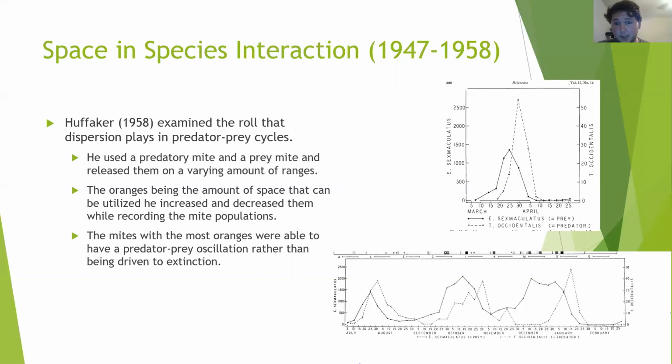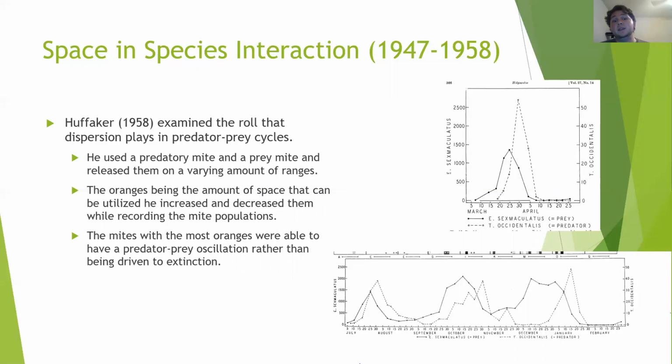So he released the same amount of mites, 25 prey mites and 2 predator mites, onto either 10, 20, or 40 oranges. When he released them onto the 10 oranges, the prey would disperse, as you can see in the top graph, and their population would increase. Then the predators would increase as well and drive the prey to extinction, and both would go to extinction.